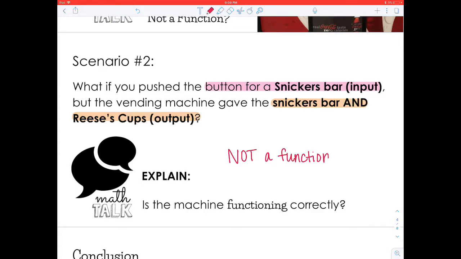If something is not functioning correctly, it is not a function. This was an input to two different outputs. And that does not match our definition of a function.